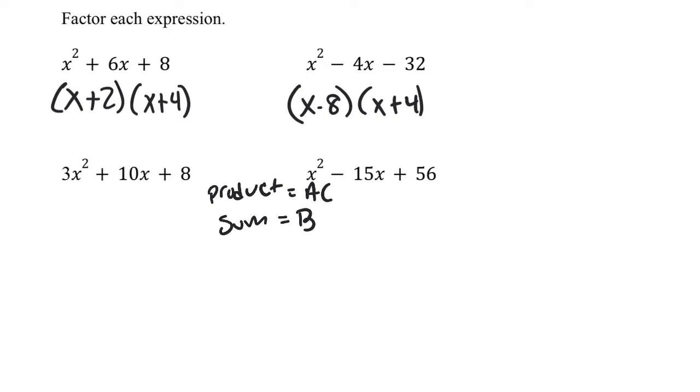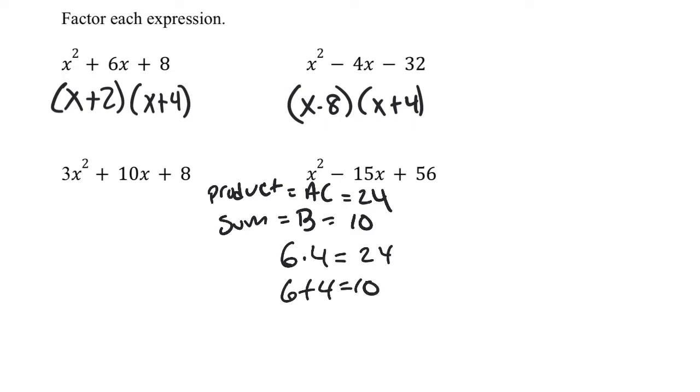So let's see, a times c is 24, so I need the product to equal 24. And then I need their sum to be 10. So two numbers that multiply and give me 24 and add up to give me 10. 6 times 4 is 24. And 6 plus 4 is equal to 10. So now I have my numbers.